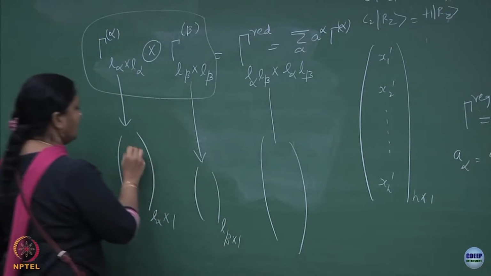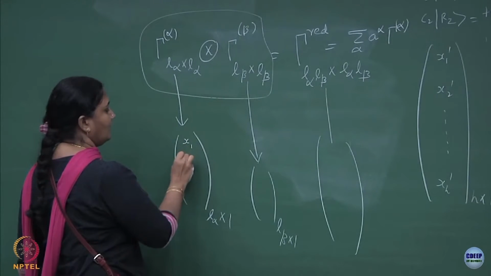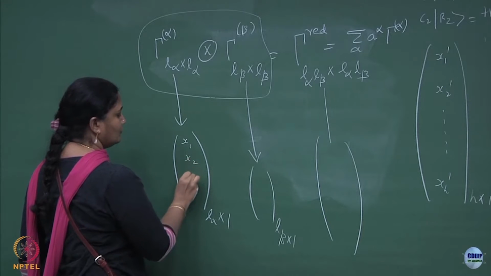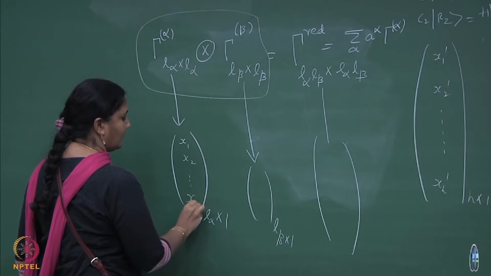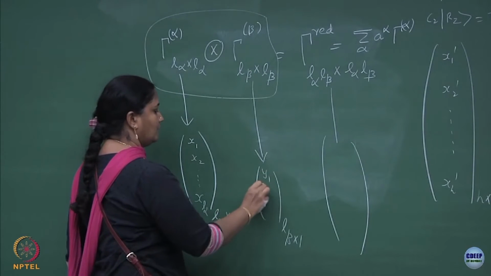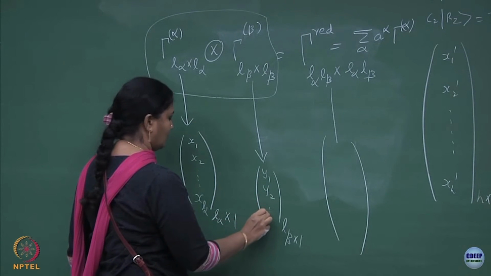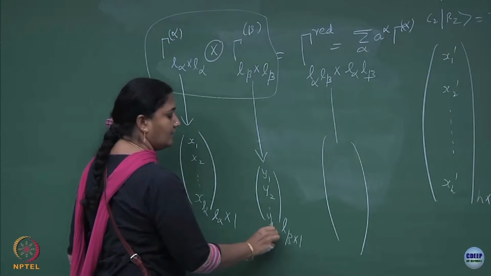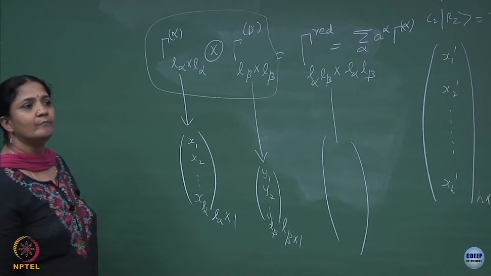So, let me say here it is x1, x2 up to x L alpha, y1, y2 up to y L beta, right.